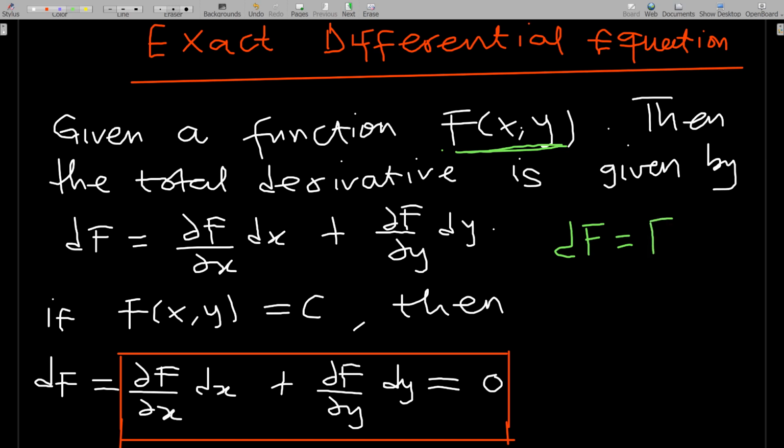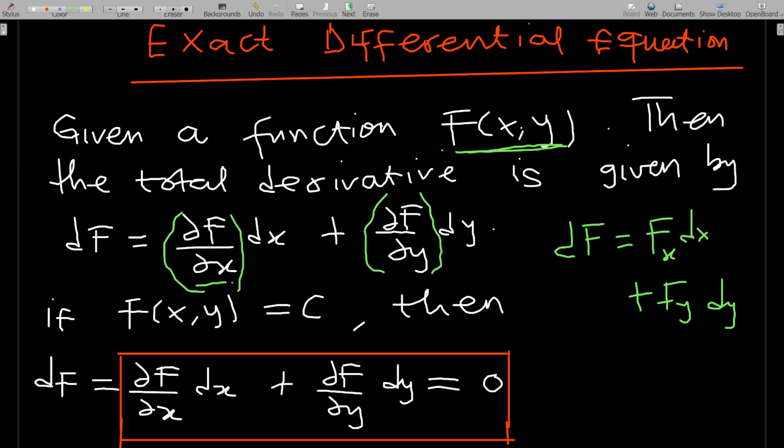In partial derivatives, you can also write del f del x as fx. Then dx plus fy dy, where fx is the same as del f del x, and fy is del f del y. I hope you get my point here.